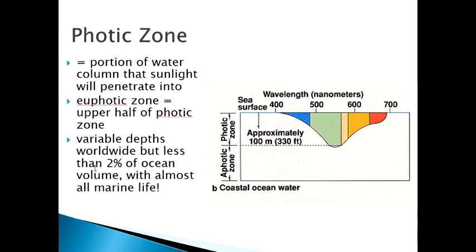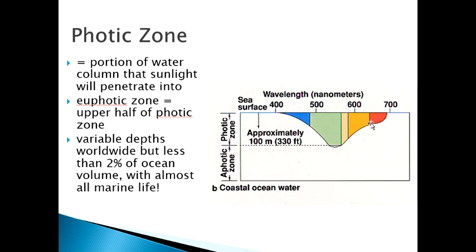This takes us back to that concept of the photic zone, and again, there it is defined. It's the level to which the solar radiation penetrates, and then we sometimes divide it into two halves. The upper half is the euphotic zone. So if you imagine drawing a line through the middle of this upper part, notice that the upper part receives all of the wavelengths of transmitted light, but some wavelengths don't penetrate.